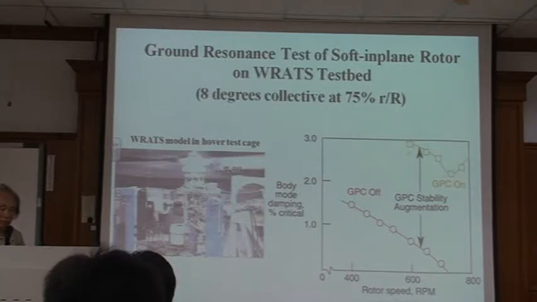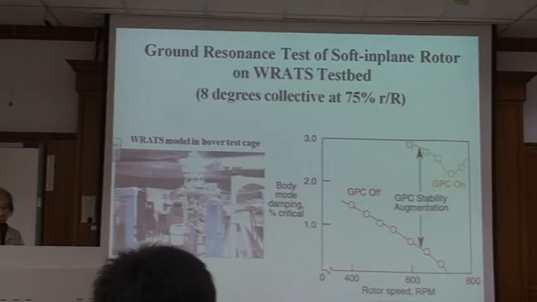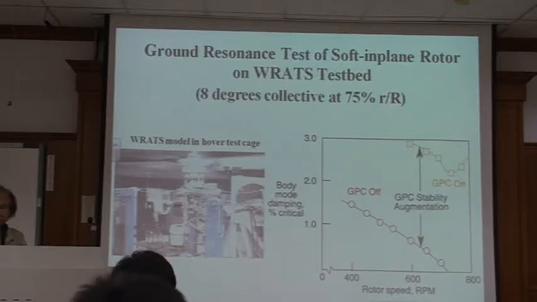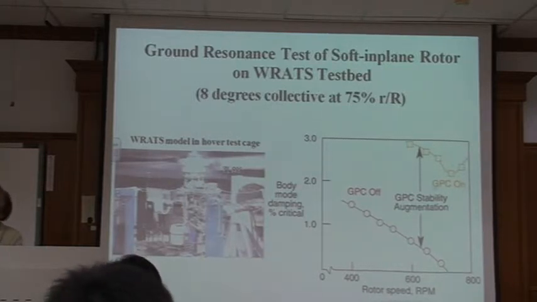As soon as we turn on the controller, our damping jumps to 3%. Then coming down to 750, our damping still has 2%. So we are stable. In this region, we are stable. As long as we don't cross this zero damping line, the system is stable.